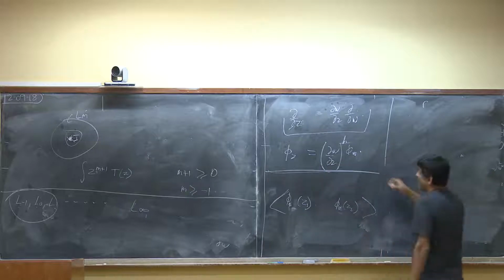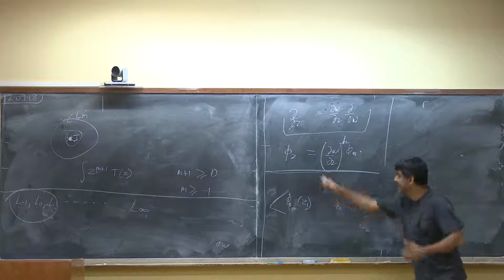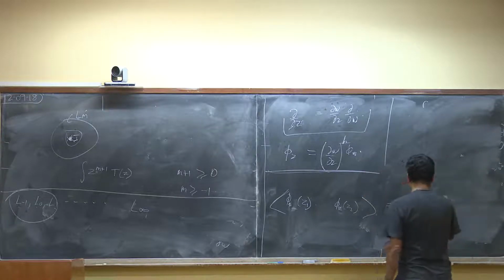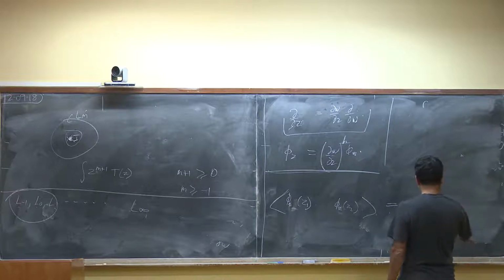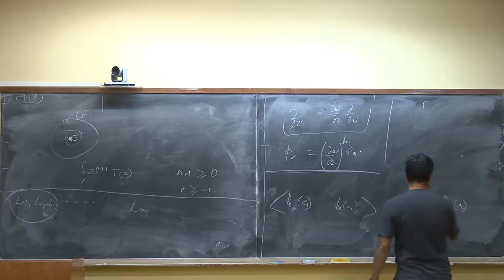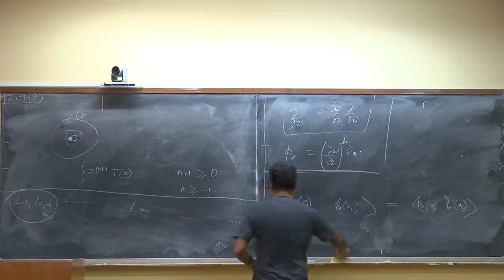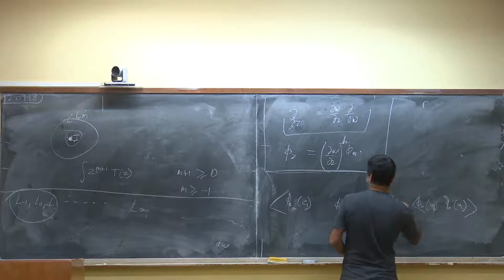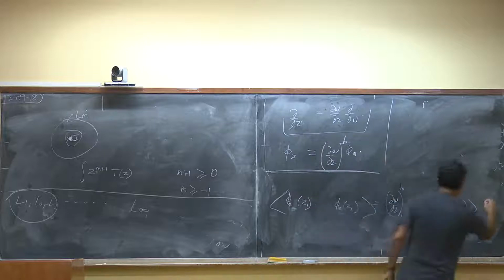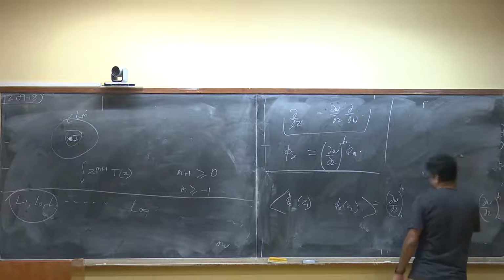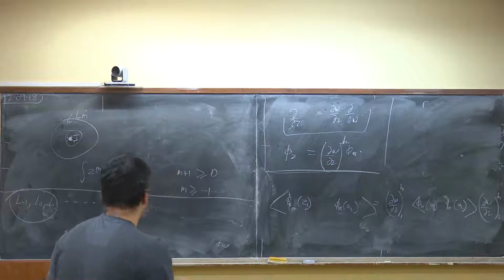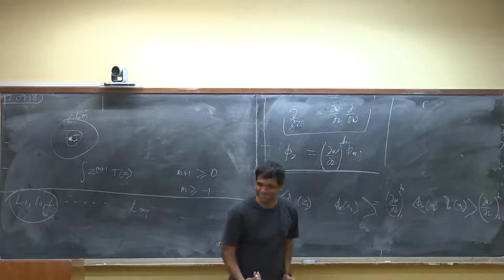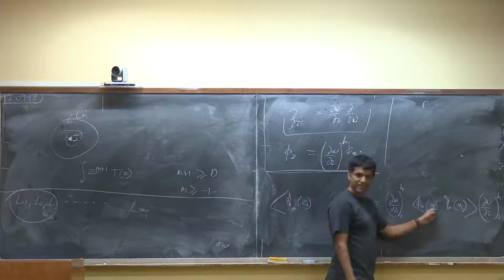Now, the claim is that the fact that this transforms in this way under conformal transformation means that phi w at the point w1, phi w at the point w2, is equal to del w by del z1 to the h, del w by del z2 to the h, times phi z at z1, phi z at z2, where z1 and w1 are related by w equal to w of z.